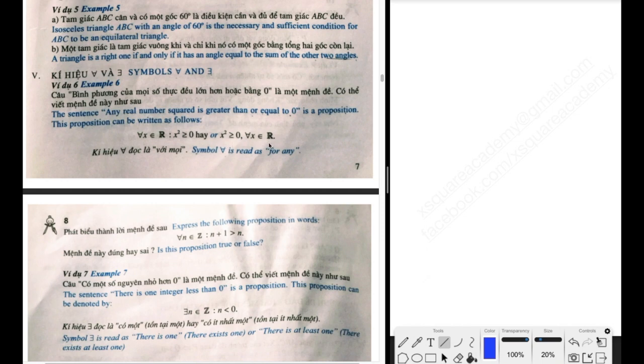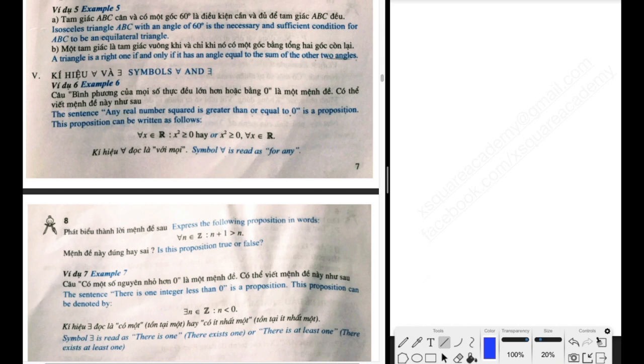You see, this is the way to express the sentence in mathematical form, so we can convert the symbol into sentences, such as: for any x that is an element of real numbers, x squared is greater than or equal to 0, or x squared is greater than or equal to 0 for any x that is an element of real numbers.